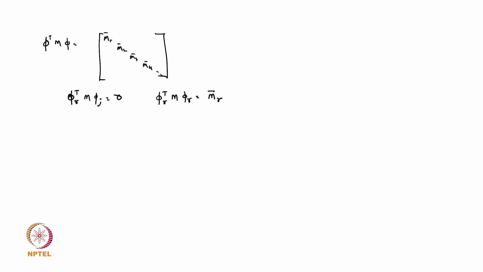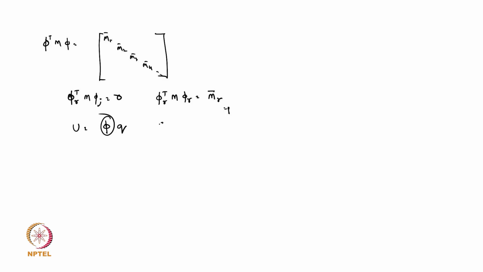Now, you have written that u equals phi into q. You are scaling the full thing up and down in such a manner that once you multiply, this will become 1.